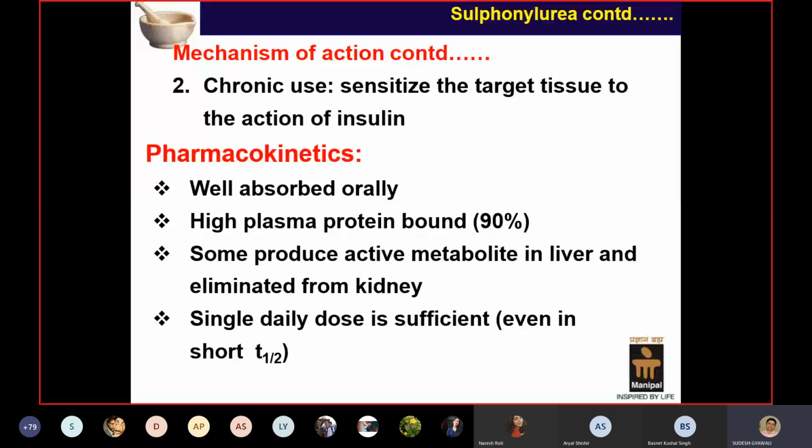Some produce active metabolites in the liver and are eliminated by the kidney, and a single daily dose is sufficient even with a short half-life. Half-life is not the guiding factor for the frequency of administration.